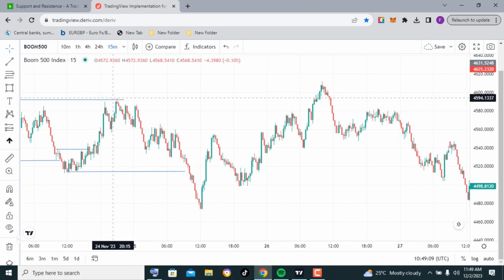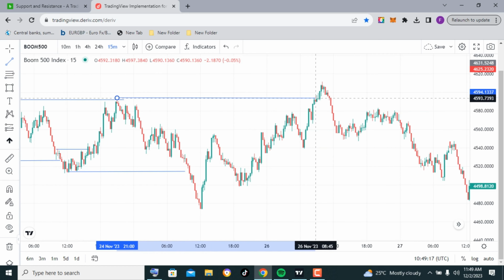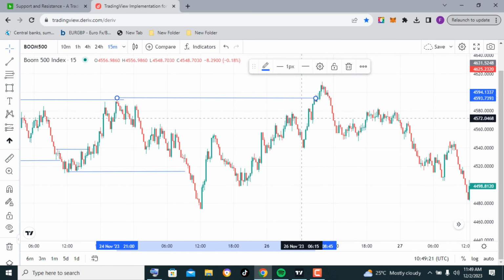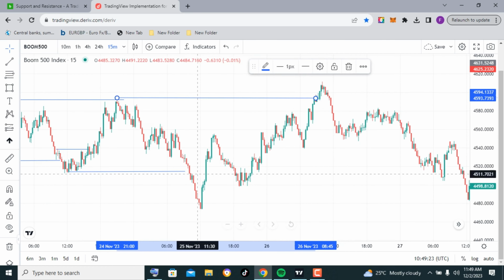So this zone might act as our inducement, which basically we see happening right over here. So this zone acted as our inducement, and since we never had inducement taken out, this break of structure was not confirmed.